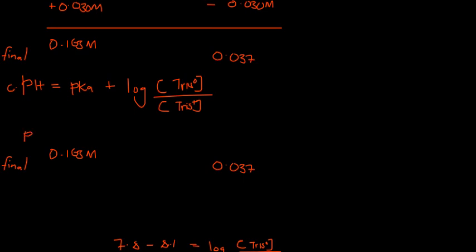So the pH will be equal to the pKa value, which is 8.1, plus the log. The new concentration of the conjugate base is 0.037, divided by the new final concentration of the acid, which is 0.163.